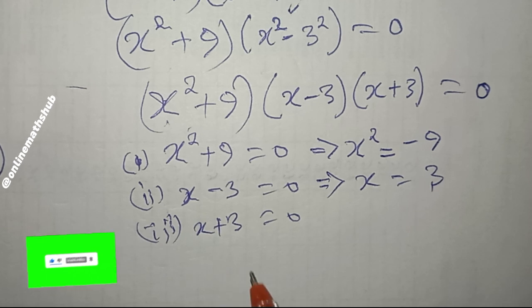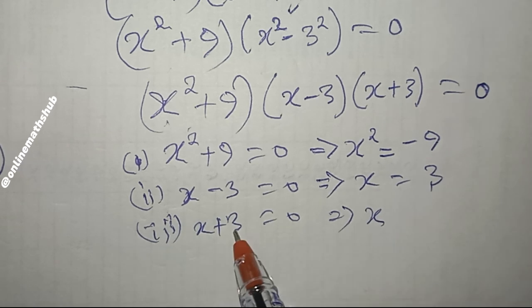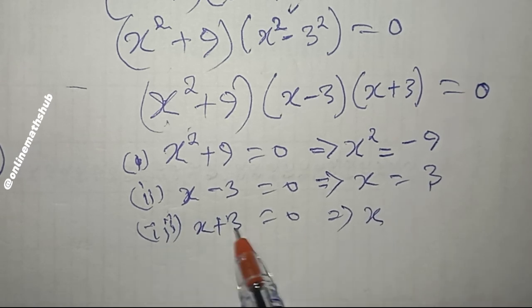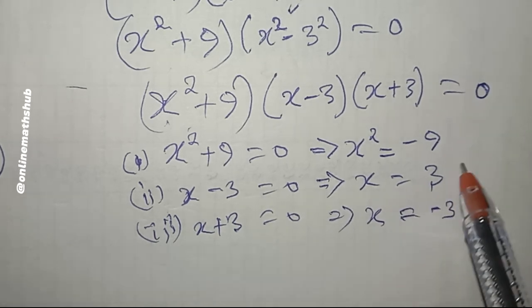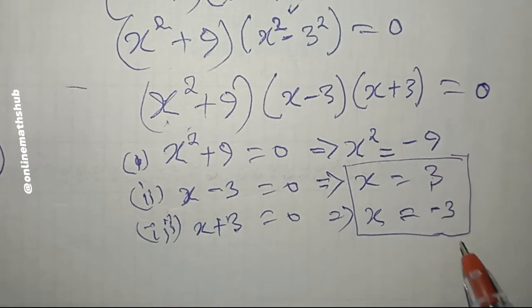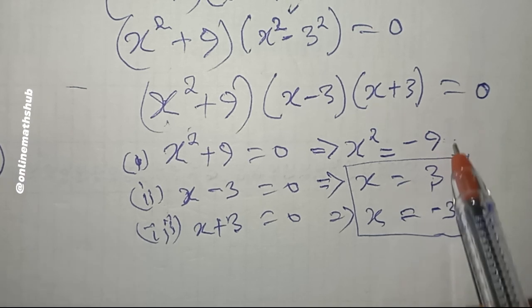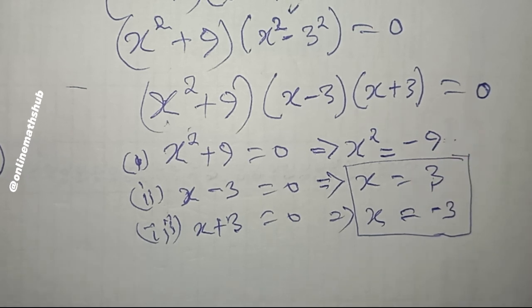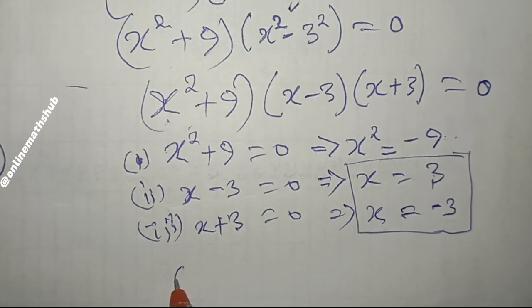And then the third one implies that x, if I bring this 3 to the right hand side, becomes minus 3. So you can see that I've got two values of x right here, x equal to 3 and x equal to minus 3. So I am going to solve this further to find out the remaining two values of x that will satisfy the equation we are solving. Okay, so continue from here.